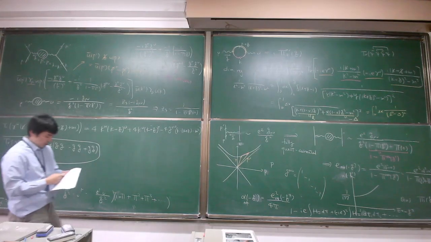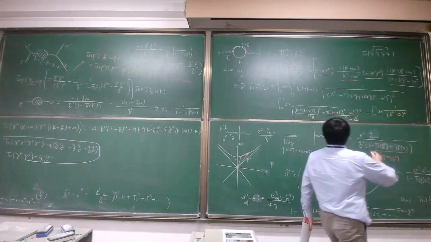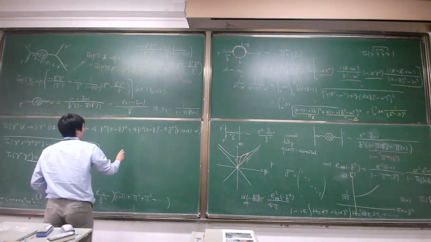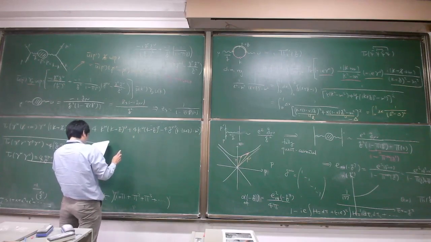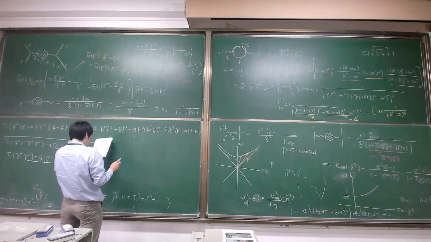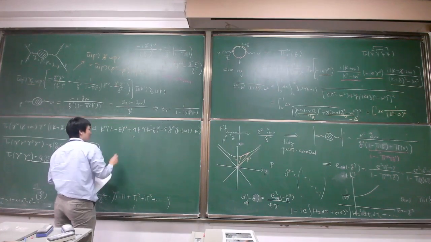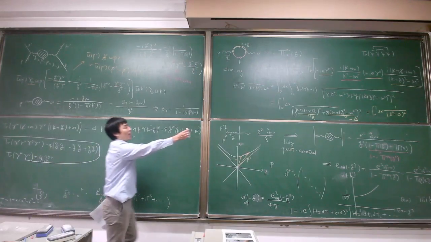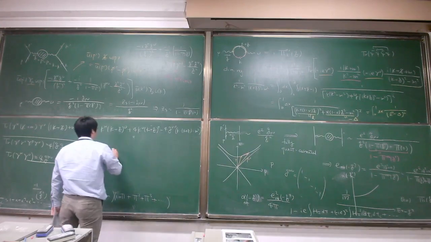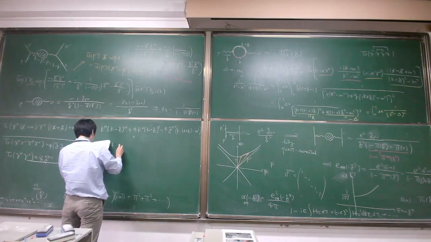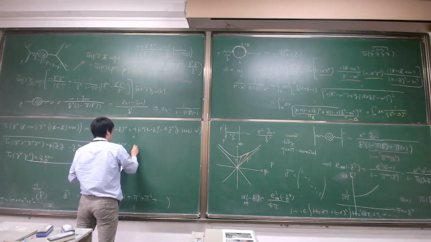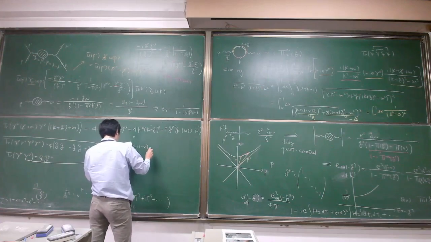So we need to change a variable to L. So just use L equal to this one and rewrite everything in terms of L. But for L mu, minus 4 times 1 minus x times x.